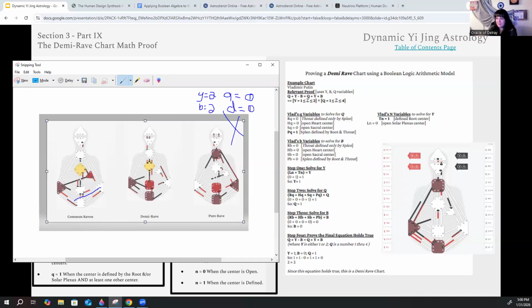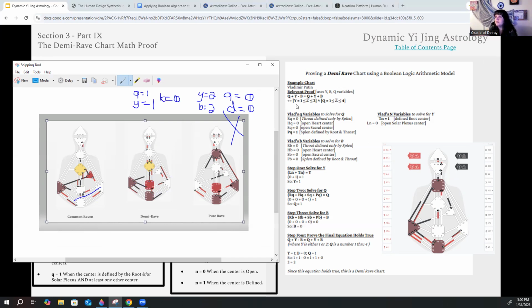Let's look at this demi-wave here. The Q value is 1 for that sacral chakra, connected to the root and other centers. Y is 1, it's that root chakra, and then we need B, which is 0, because this is defined by other centers, and there's no just wave. Q is 1, Y is 1.